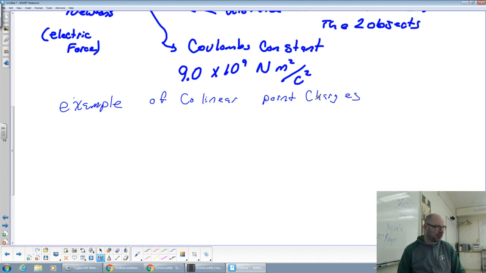Okay, now they usually use, because coulombs are a really big unit, one coulomb is a lot of charge, they use something called microcoulombs. Okay, so just remember that a microcoulomb. Okay, so we're going to use a lot of scientific notation. Okay, this means micro.